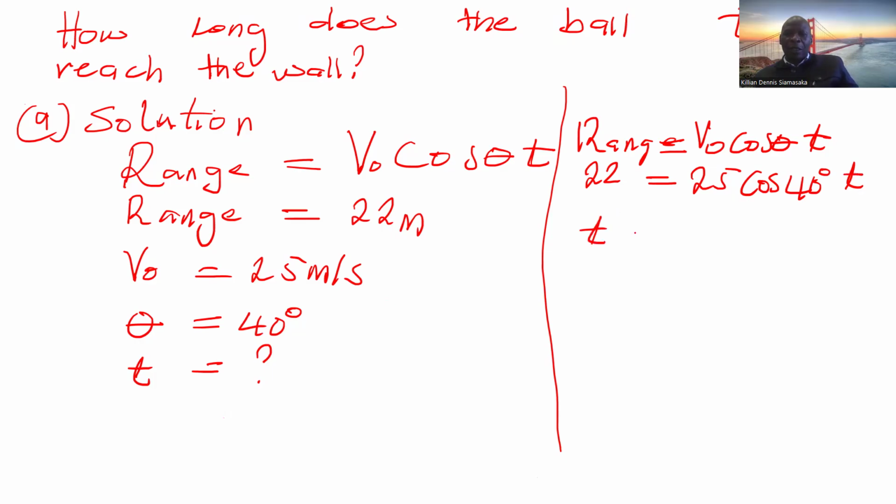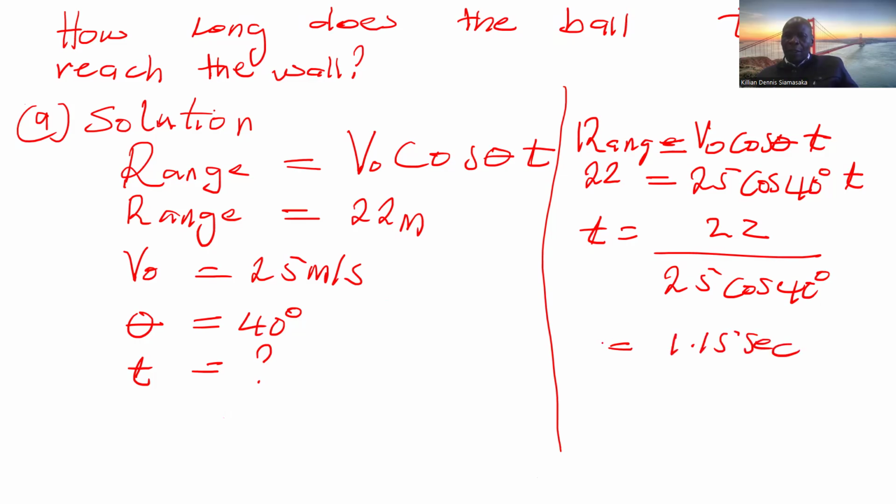So if you make t the subject of the formula, you are going to have 22 divided by 25 cos 40 degrees. And now I get the answer as 1.15 seconds. So this is the time the ball is going to take to reach the wall.